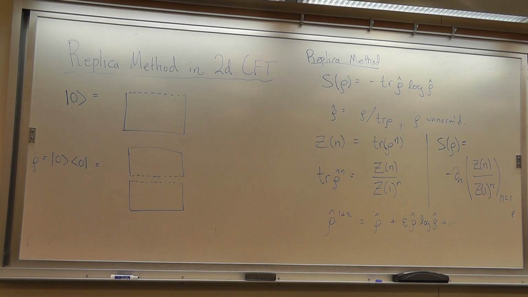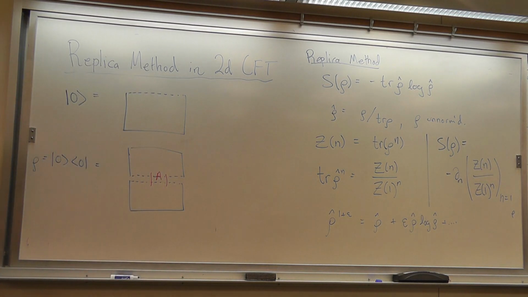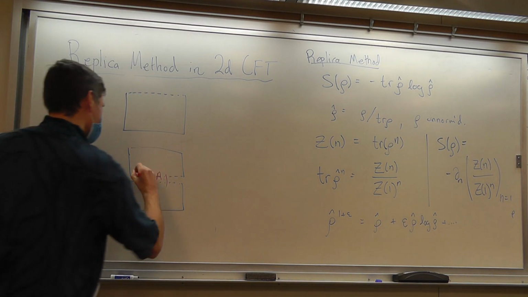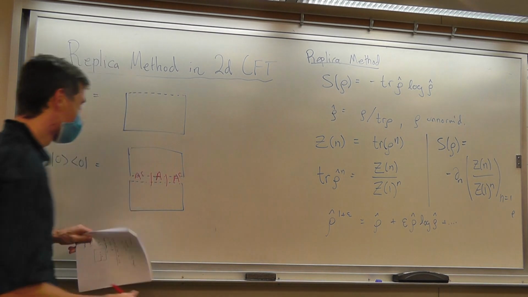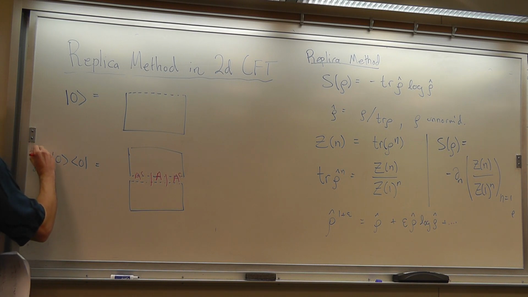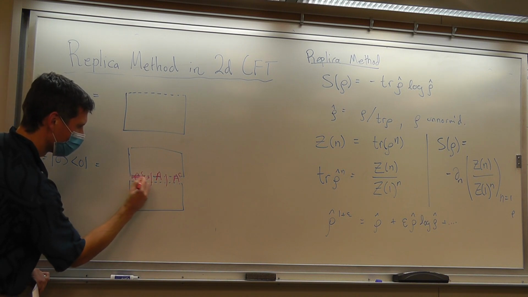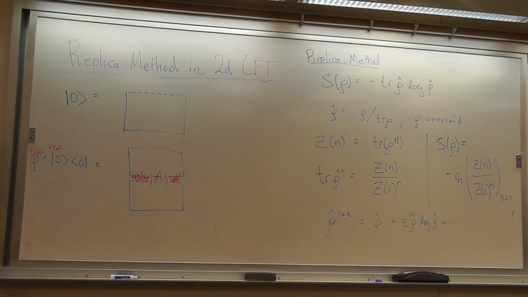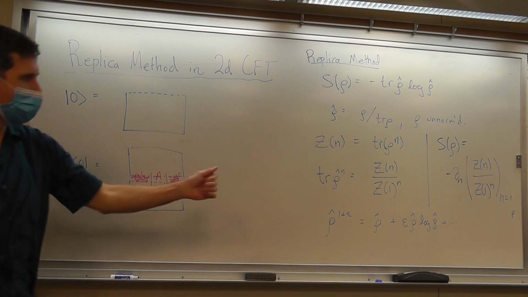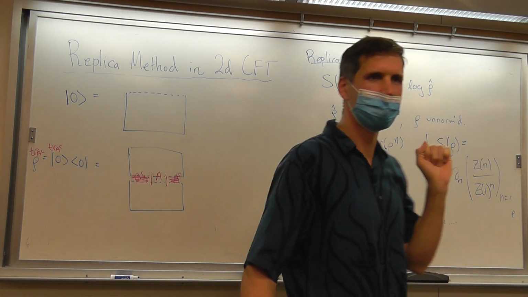If we call this region A and the rest is A complement, then when we trace over A complement, that just glues A complement together. So this part gets glued together, and we end up with the path integral with a cut on region A, which is exactly what I told you a minute ago for the density matrix operator. Okay, good? Questions?